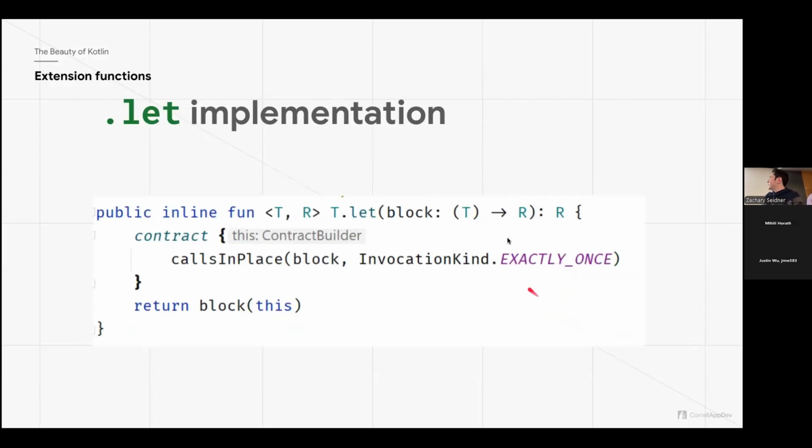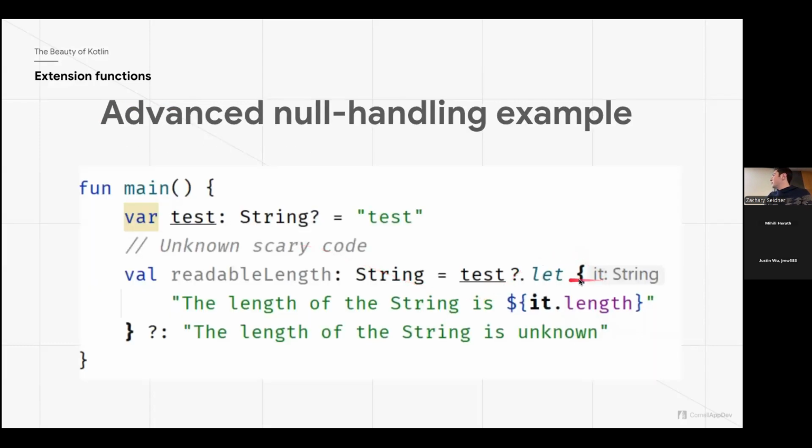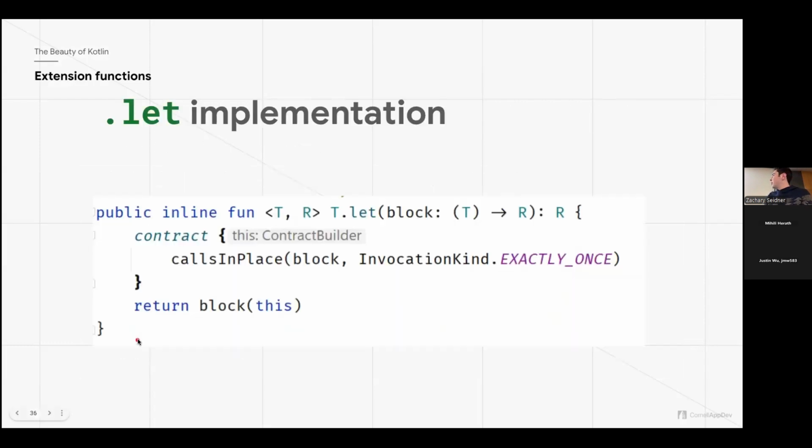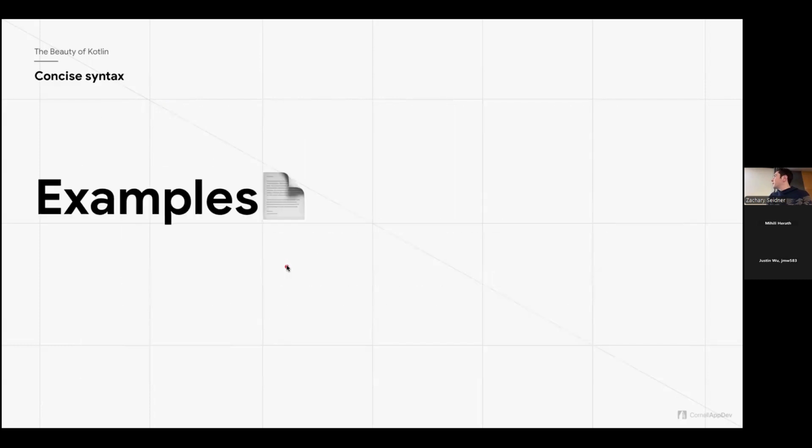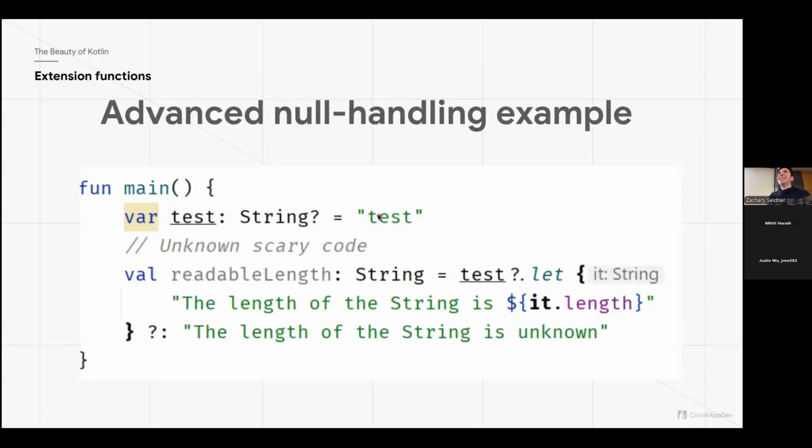So if I go back to here, we basically called this block of code here, and we called that on the value of test.